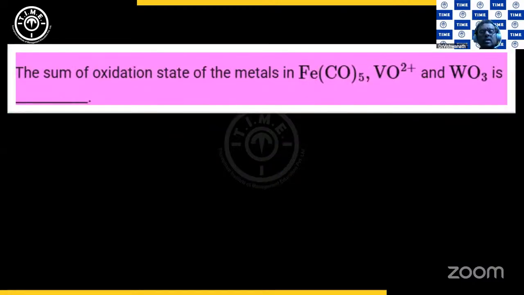Now the sum of oxidation state of metals in iron pentacarbonyl, VO2 plus, and then WO3 is. Now this carbonyl, Fe(CO) taken 5 times, iron pentacarbonyl. Most of the carbonyls have 0 oxidation state for the metal. So that is 0. Now we'll do it for VO2 plus. 2 plus is on top.